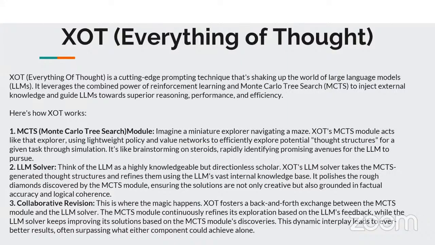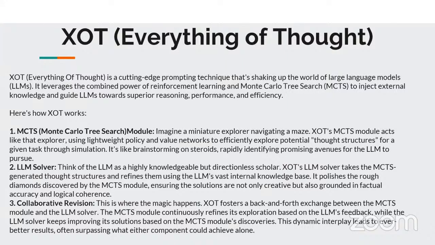After that, there is the LLM solver. The LLM solver is like a scholar using the explorer's findings to create well-informed and accurate solutions. After that, there is collaborative reasoning. The explorer and scholar work together, with the explorer refining paths based on the scholar's input and the scholar improving solutions based on the explorer's discoveries.